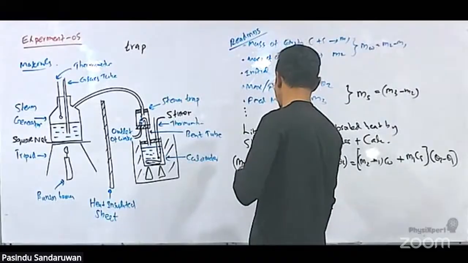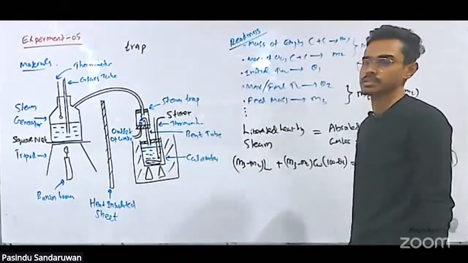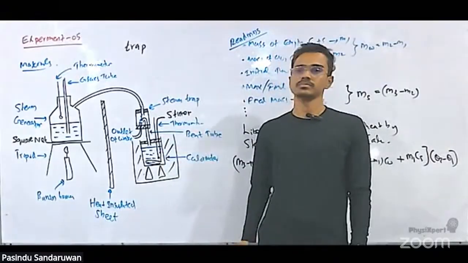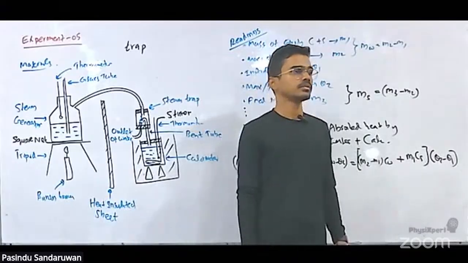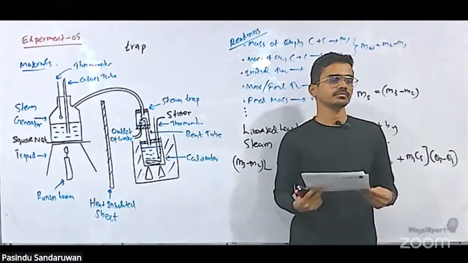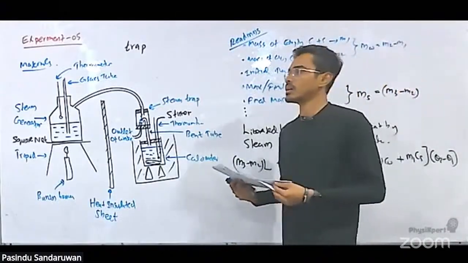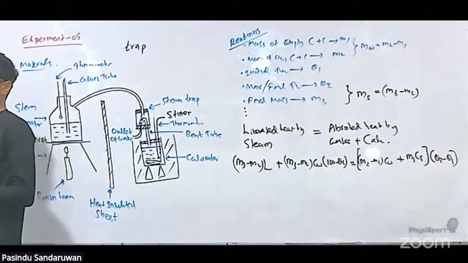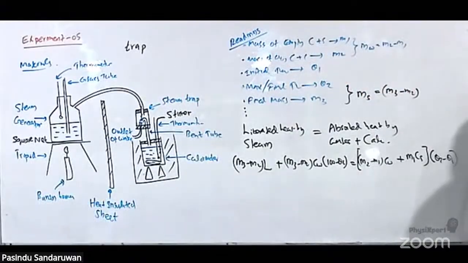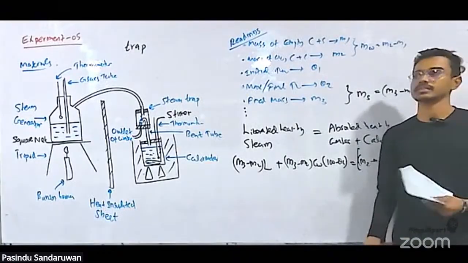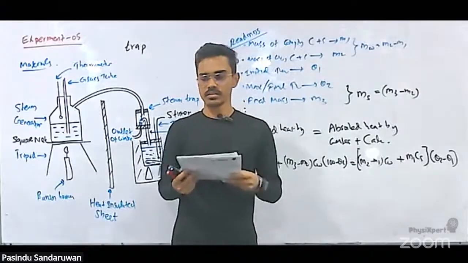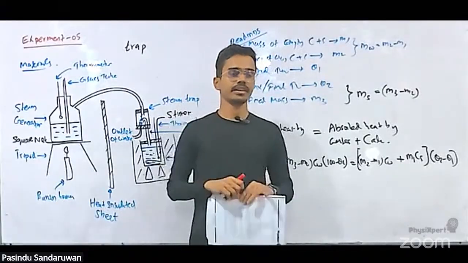Insert steam to the calorimeter through the steam trap, and well stir the system until the temperature is increased significantly.